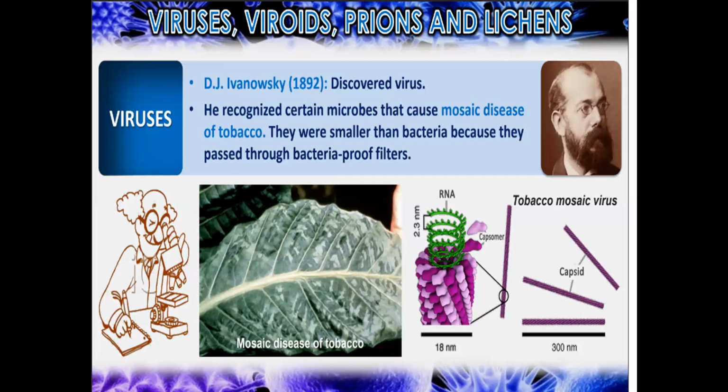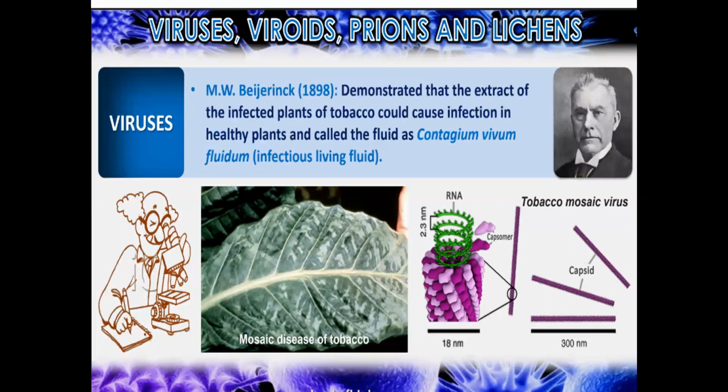Then M.W. Beijerinck in 1898 demonstrated that the extract of an infected tobacco plant could cause infection in healthy plants, and called the fluid contagium vivum fluidum, the infectious living fluid.